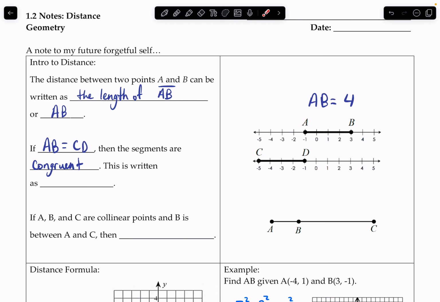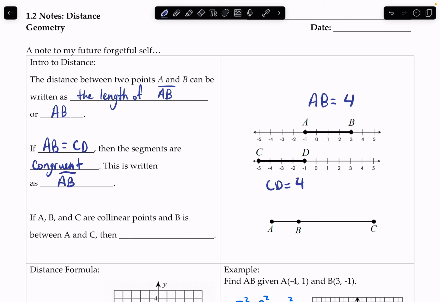We could also talk about congruence. So congruence is a new concept for us here. If I have the length of the distance between 2 points being AB and the distance between 2 points CD, if they are equal to each other, meaning they're the same thing, and sure enough, I can look over here and see that CD is indeed equal to 1, 2, 3, 4 units, then the fact that they are equal in distance means that the segments are going to be congruent, and we have some symbols that we can use to show that there's congruence between those segments.